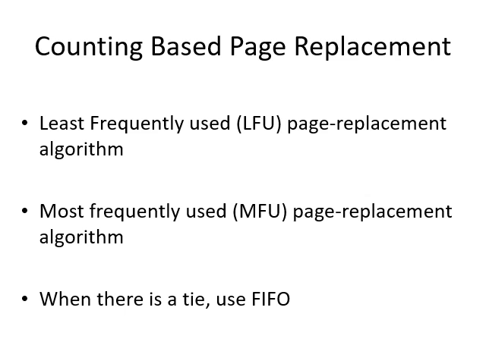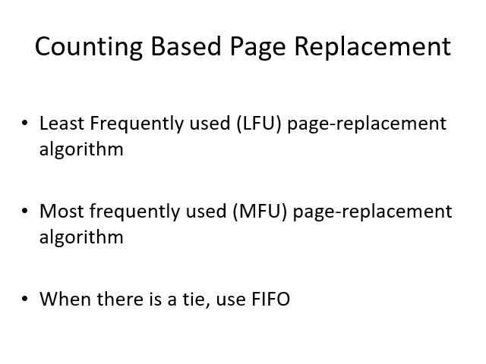Then we have counting based page replacement algorithms, the most commonly used of them being the LFU, least frequently used. In case of least frequently used, we keep a count.